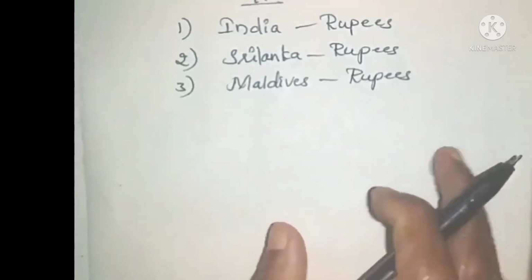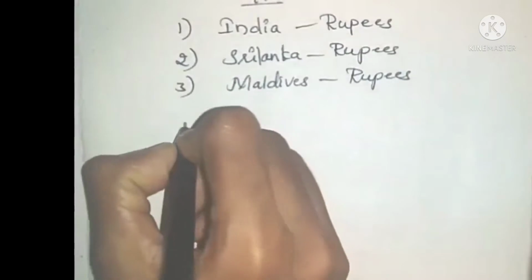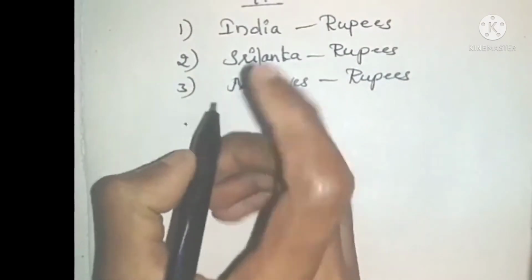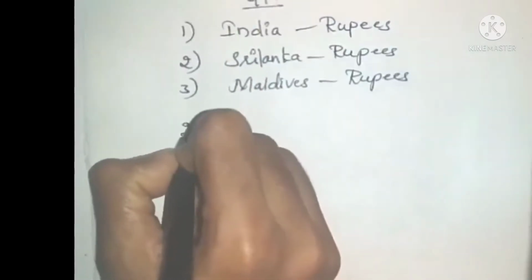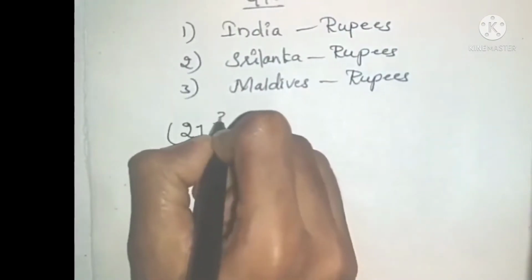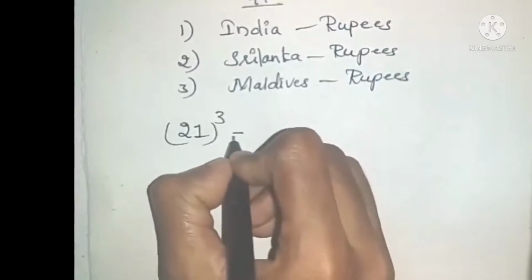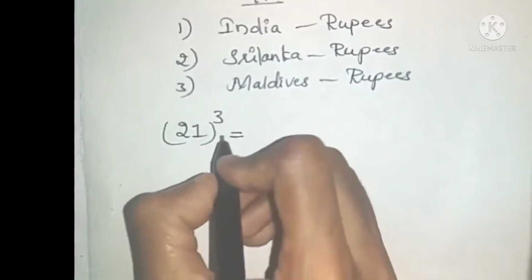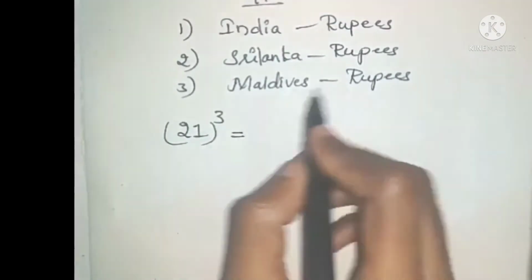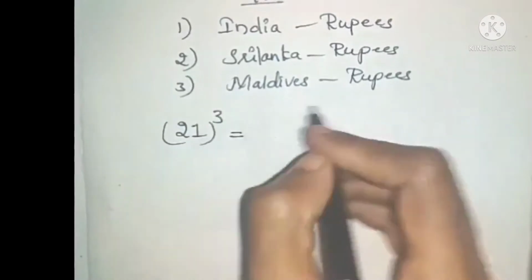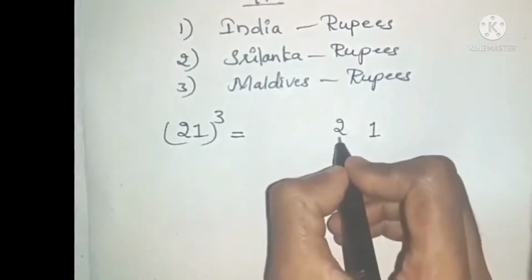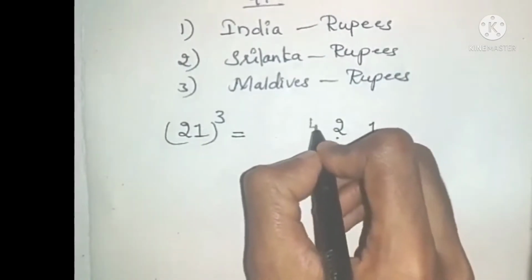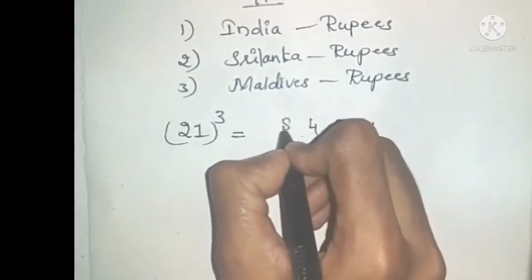So let's go for our second model, that is number starts. Previously we have discussed numbers that start with 1. Now we are going to discuss numbers which end with 1, that is 21 cube. It's the same as the previous one, but we have to write from the reverse, that is 1, 2, and now 2 square is 4 and 2 cube is 8.